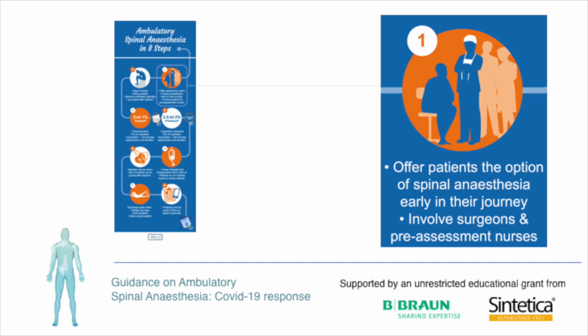The secret, I think, is actually getting the surgeons and your pre-assessment staff on board. That allows us to plant the seed, or this is the PIP, of that thought of the anaesthetic much earlier on in the patient journey. So in outpatients, if they're given a wide range of options that they can potentially have, they might start thinking about it. I think you're on a hiding to nothing if you try and convince someone or press-gang someone into having a particular anaesthetic on the morning or the afternoon of surgery.